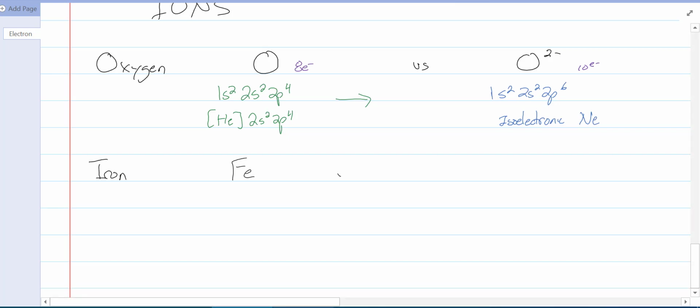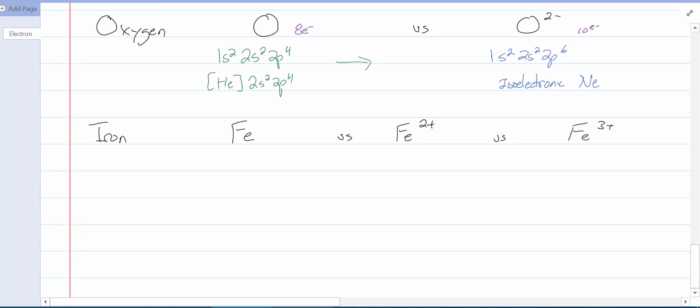Iron, so I have Fe versus Fe2 plus versus Fe3 plus. So iron, electron configuration, I would use the noble gas argon, and then it's 4s2, 3d6. Well, if I lose 2 electrons, what is lost first? So if we put it in the stripping order, argon, 3d6, 4s2.